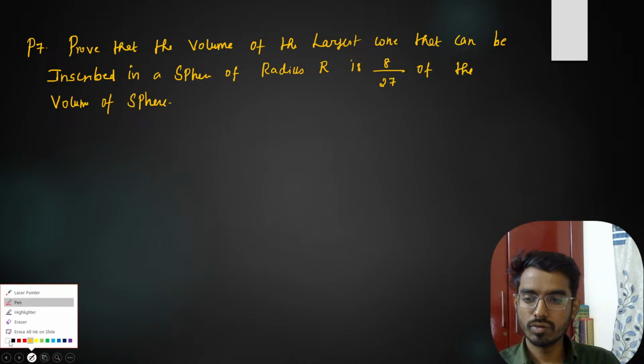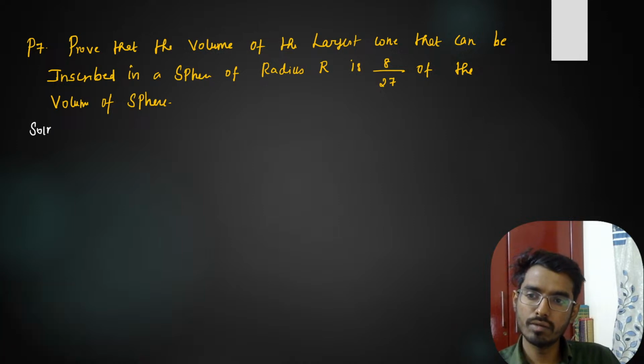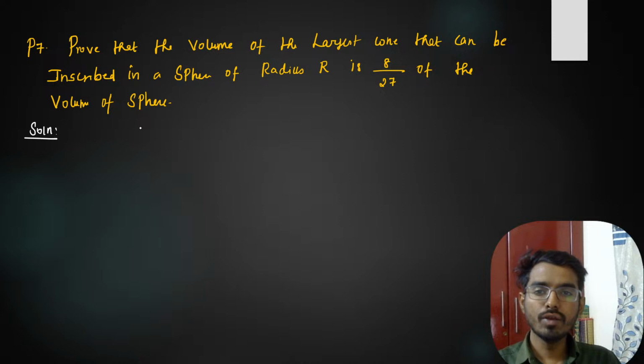Okay, so we'll do this and then we will wind off. We need to show that the volume of largest cone that can be inscribed in a sphere of radius r is 8 by 27 of volume of sphere, right? Okay, this is what we need to prove.